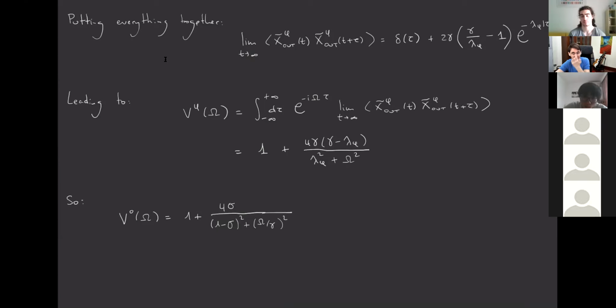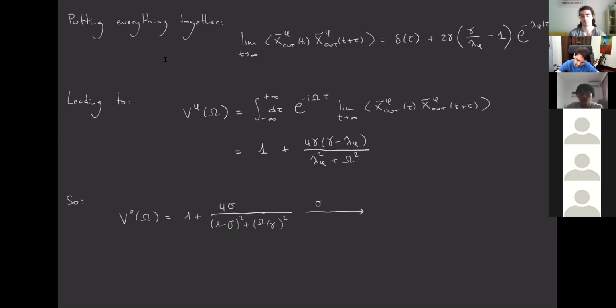Remember that sigma is a parameter that can go from 0 to 1, 0 means no down conversion, 1 means that we are exactly at the maximum down conversion that we can have in this simplified model, which is equal to the rate of decay of the cavity.